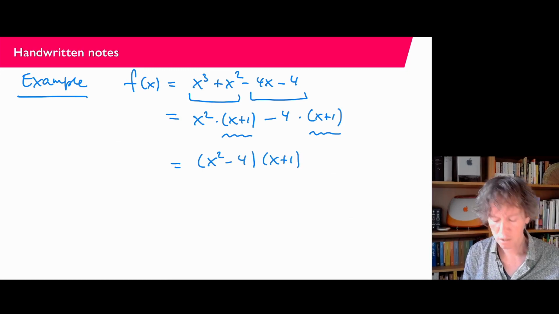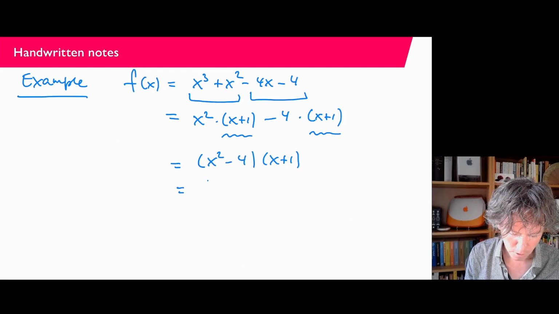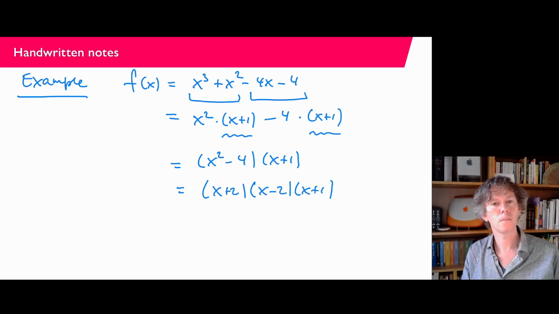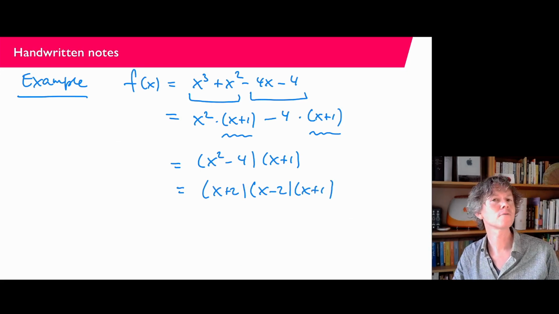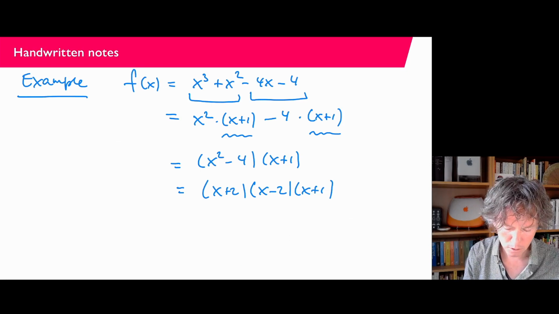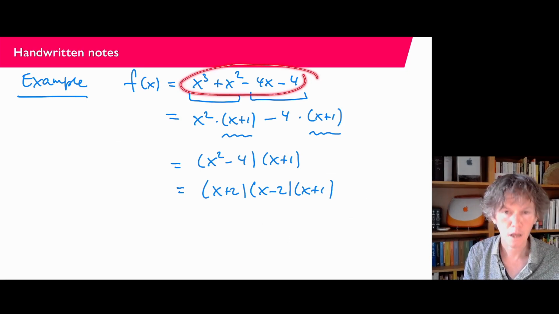Then I'm almost done, and I can write it as x plus 2, x minus 2, x plus 1. And again, what is nice about this form is that you can immediately tell for which x values this function is going to be 0. It's going to be for minus 2, for 2, and for minus 1. And you couldn't easily tell that if you would just look at this expression here.